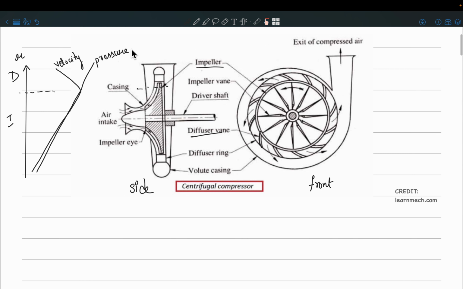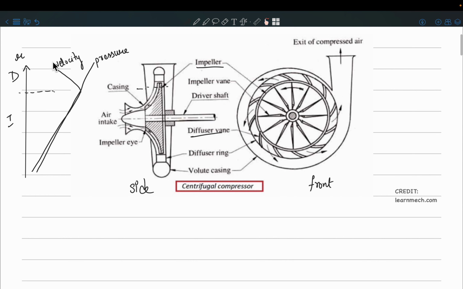If you sit in the rotating frame, on any one of the impeller vanes, you will see that the relative kinetic energy is decreasing. So you are adding work from outside to the rotor blades, and that is why it is able to increase both kinetic energy and pressure energy. In the diffuser, you are not adding any work, so something has to decrease to increase the pressure.